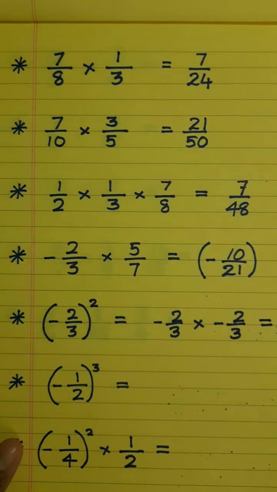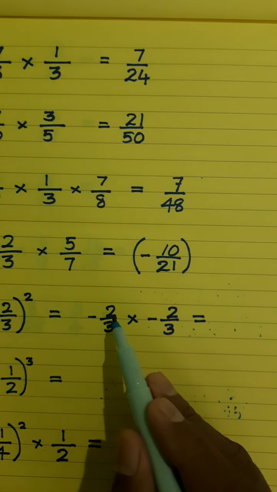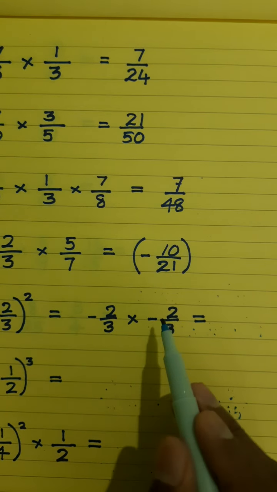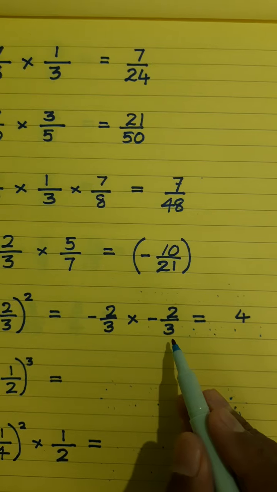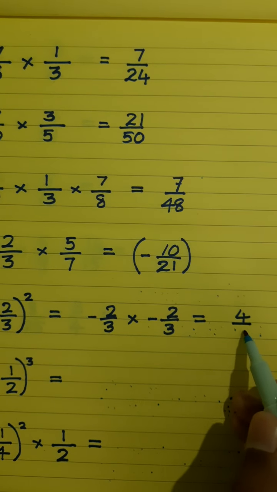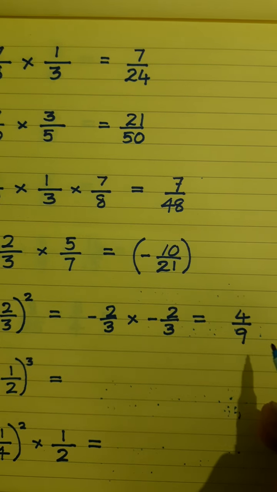So we have to follow the same method. Then we multiply numerator by numerator. 2 into 2, 4. Denominator by denominator. 3 into 3, 9. Minus into minus, plus. So the answer is plus 4 over 9.